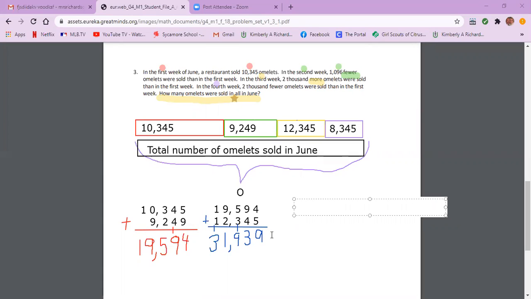So finally, the last part of the problem is I'm going to take my sum from here. So it's 31,939, and I'm going to add the final week, which is 8,345.